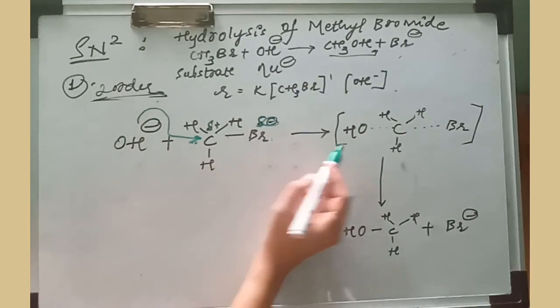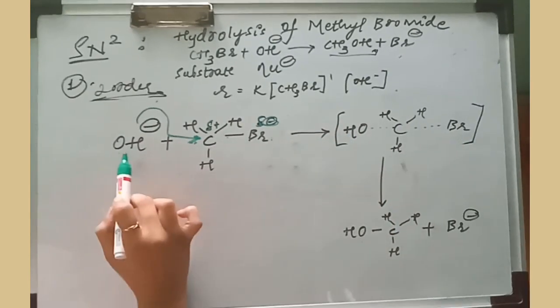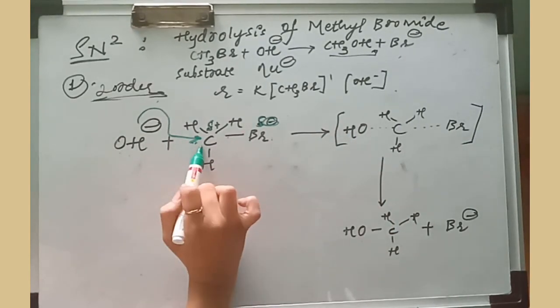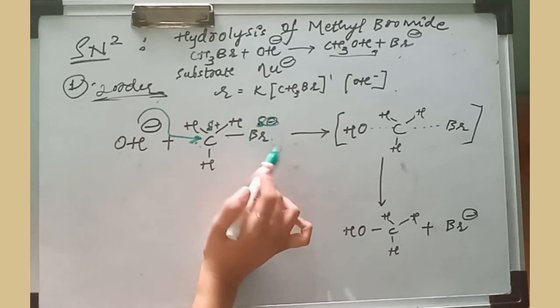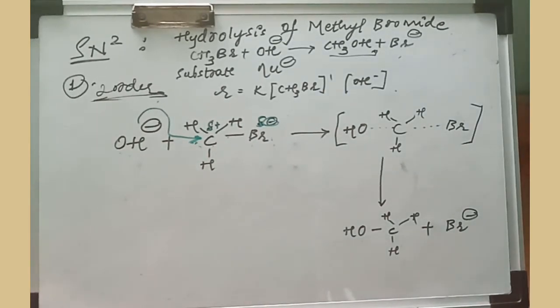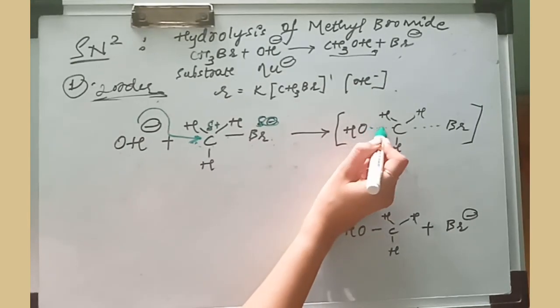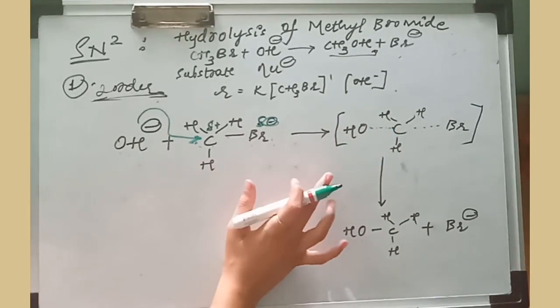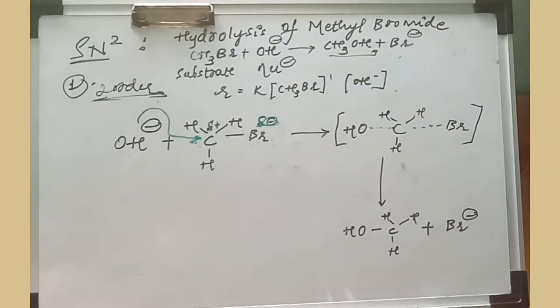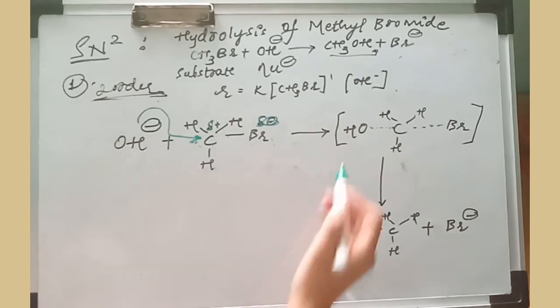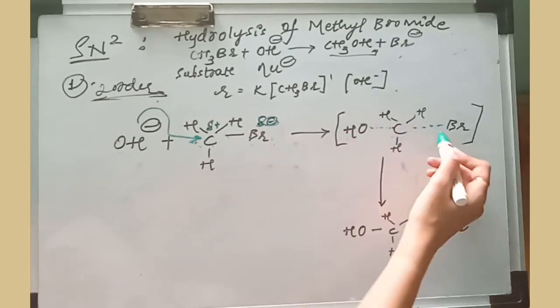I have shown here the formation of the OH and C bond and the breaking of the C and Br bond; they take place in a simultaneous manner. OH is attacking here, and the dotted bonds indicate that a bond formation is still taking place.